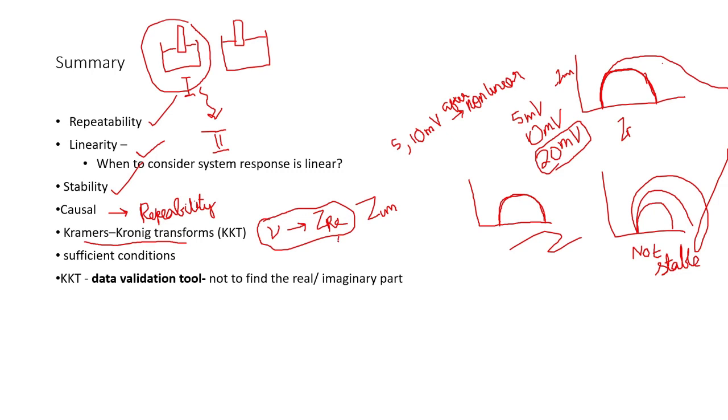Then using the transformation, I get the Z imaginary value from the KKT. Then I compare the imaginary values obtained using the KKT transform with the experimental Z imaginary. They should be matching.